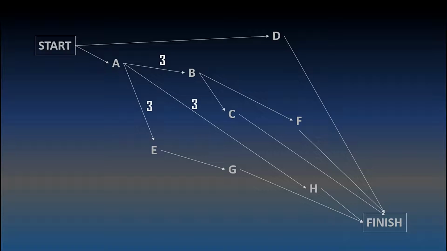The same thing with task B. 2 different tasks are dependent on task B and it takes 2 weeks to complete this task. Task C takes 5 weeks to complete. Now, task D is not dependent on any other tasks and it takes 4 weeks to finish, and no other tasks are dependent on task D either. Similarly, you have tasks E, F, G, H.